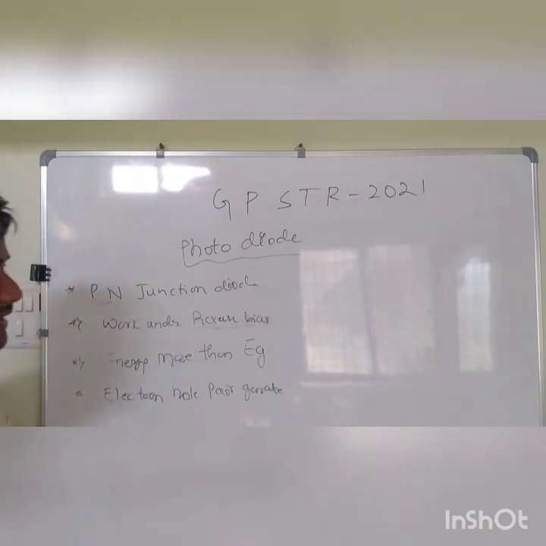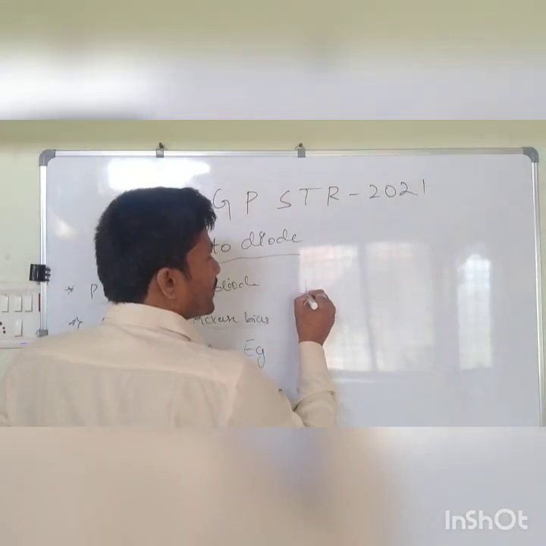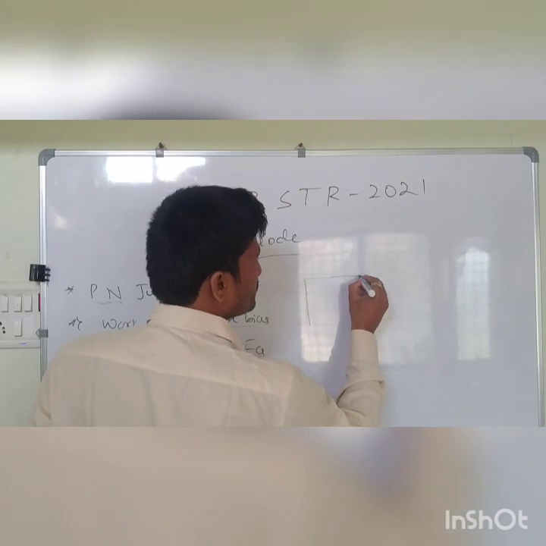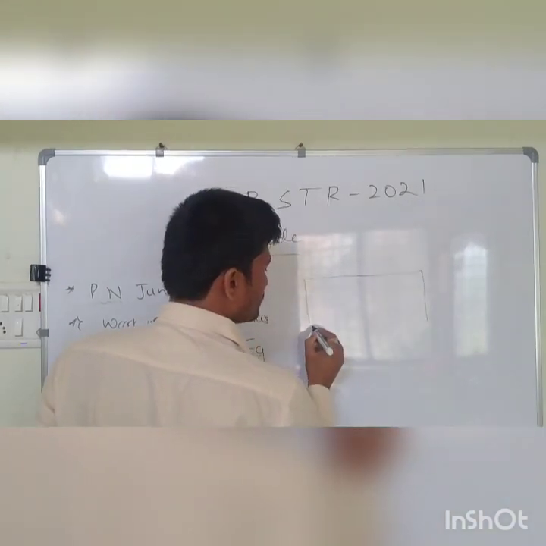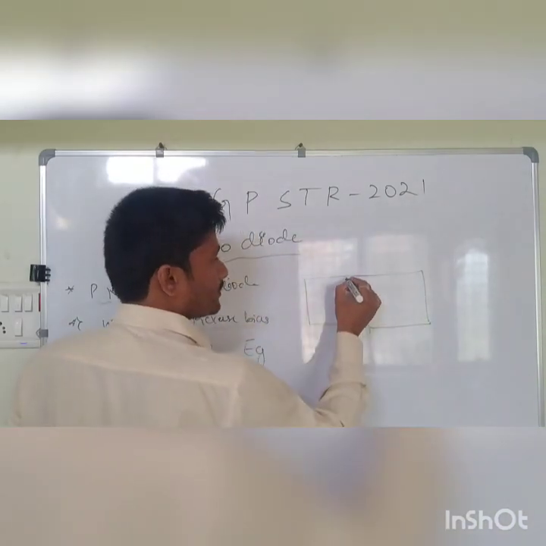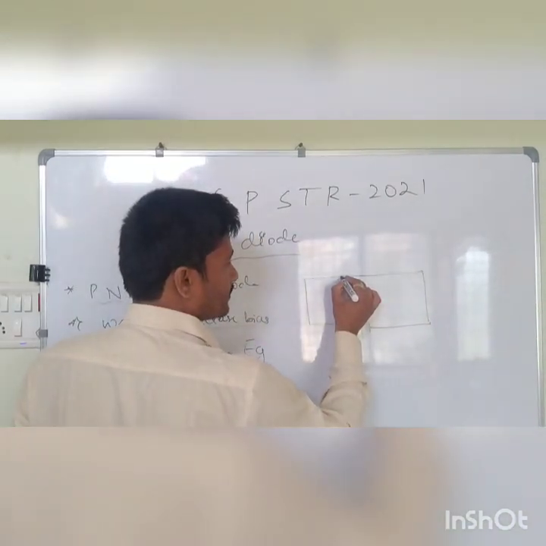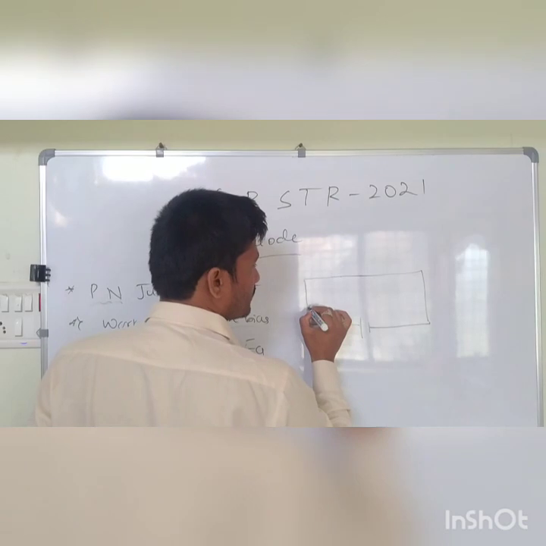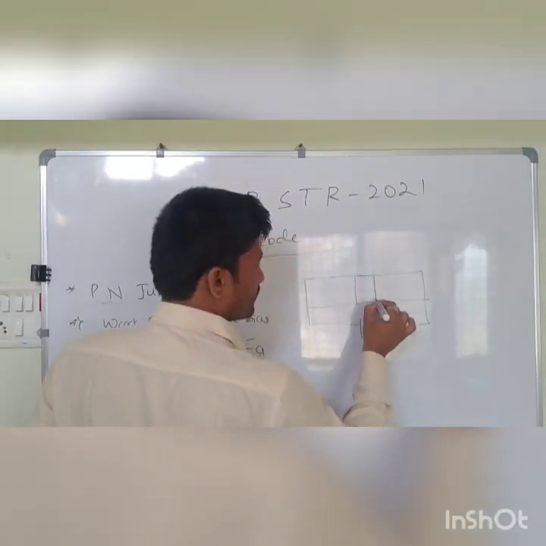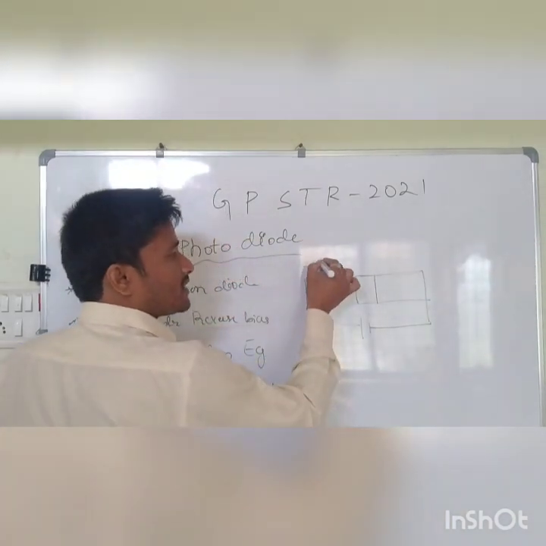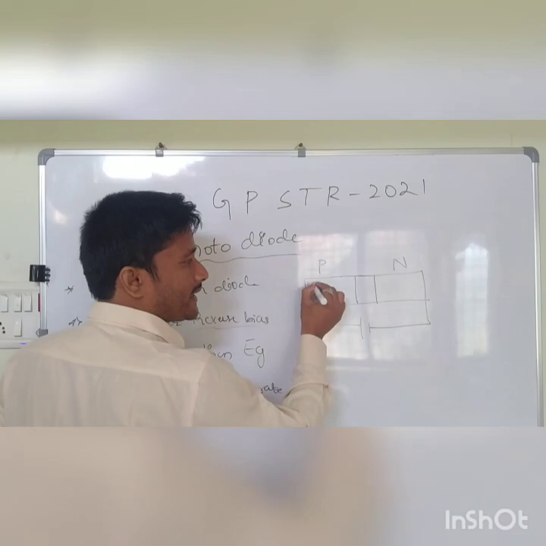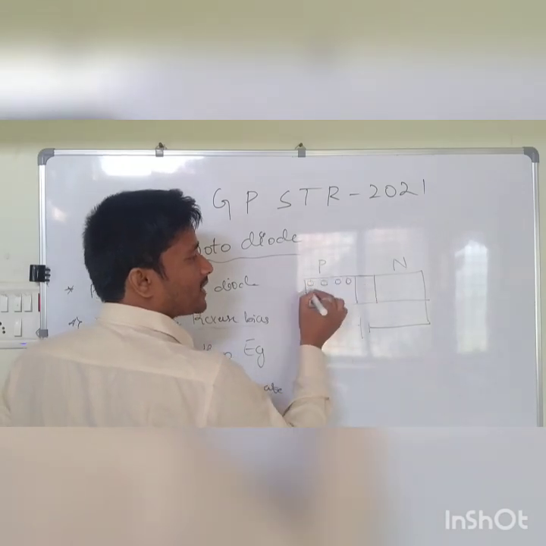See, actually here I will draw a photodiode. This is P type and this is N type. In the P side, the majority charge carriers are holes.